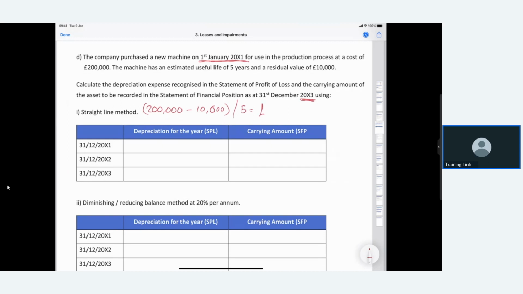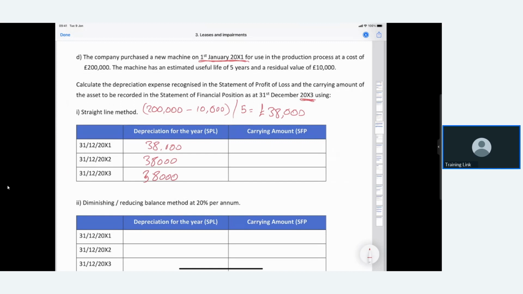And therefore the depreciation is £38,000 per year. So this is the straight line method. The depreciation amount will remain the same year on year. So in here, we can just put 38,000, 38,000, 38,000.